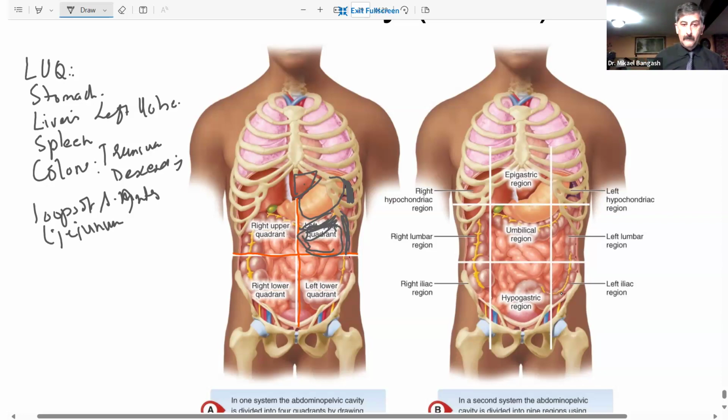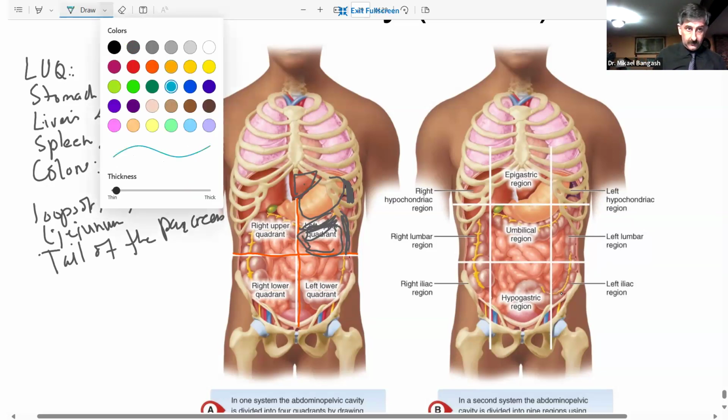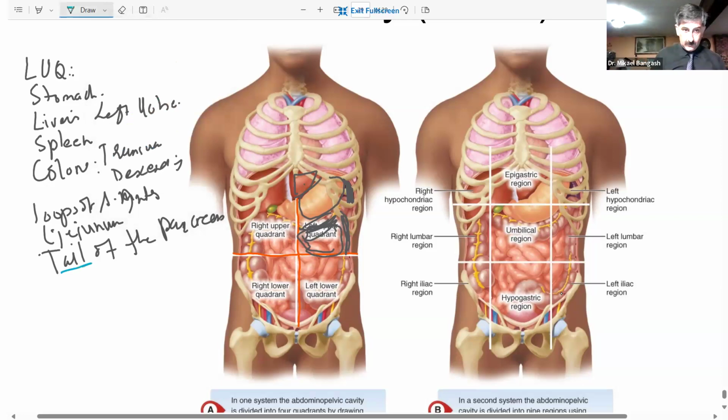What we may find underneath all this is going to be the tail of the pancreas, running somewhere, something like this.